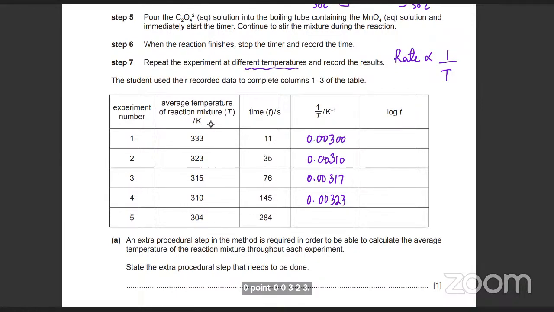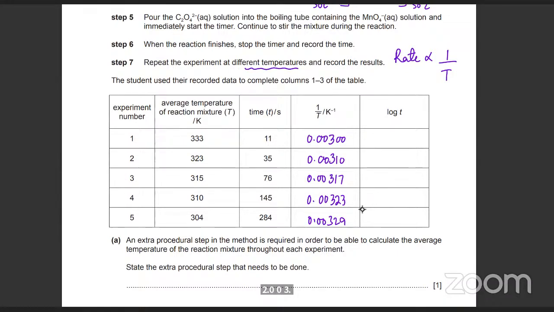Last one. Zero point zero zero 329. So that's the first row. What about the next one?